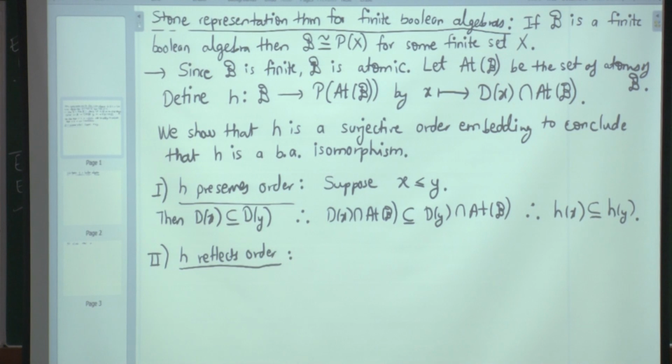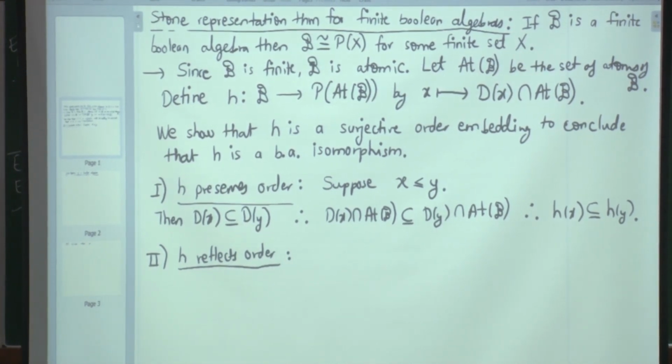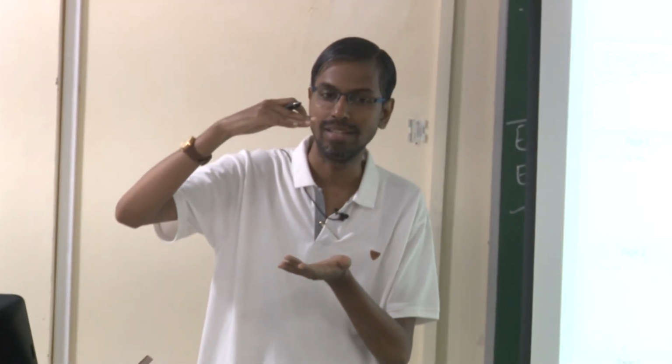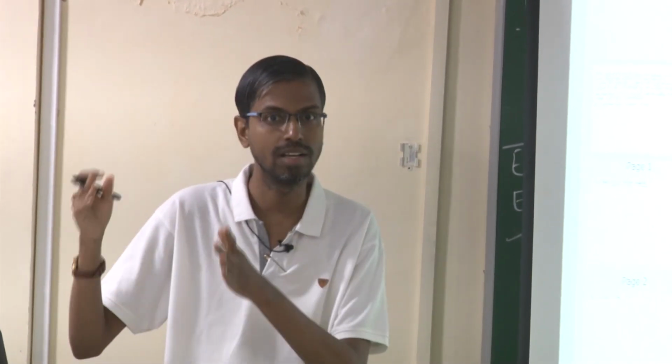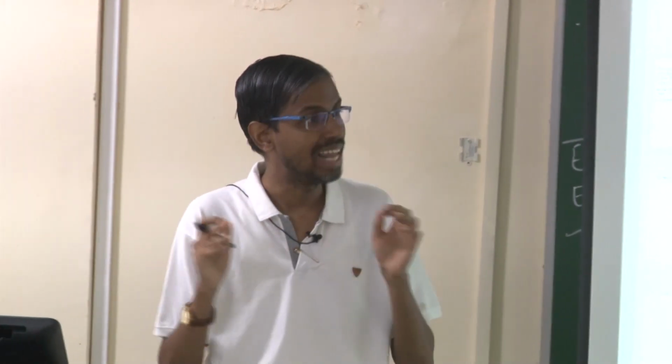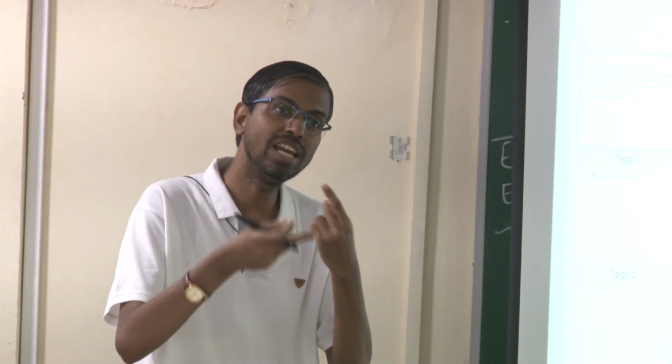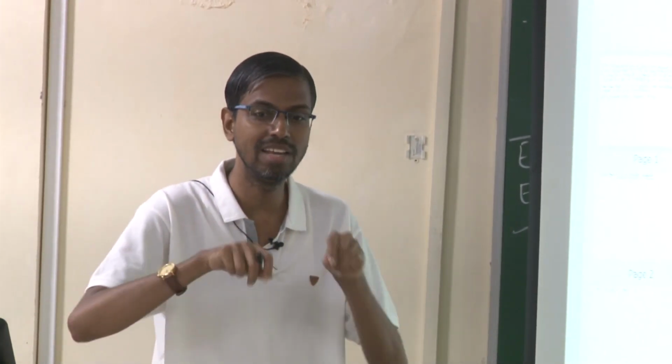In order to prove that H reflects order, we will in fact prove the contrapositive. We will say that if X is not less equal Y, then H of X is not a subset of H of Y. Now this method of proof, I want to highlight, is very common in Boolean algebras, because we convert a meta level statement, that something does not happen, into an internal negative statement.